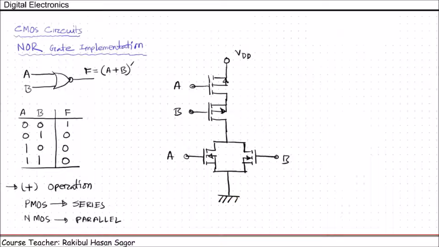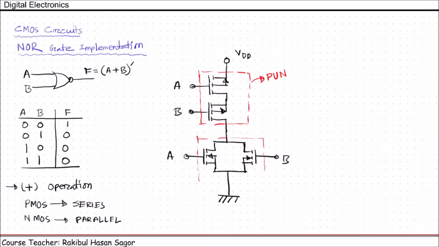So let me mark this portion. This portion is our pull-up network, that means PUN, and this portion is our pull-down network, which means PDN, and the output will be taken from here. This is output. Now let us name the MOSFETs. This is Q1, this is Q2, this is Q3, and this is Q4.